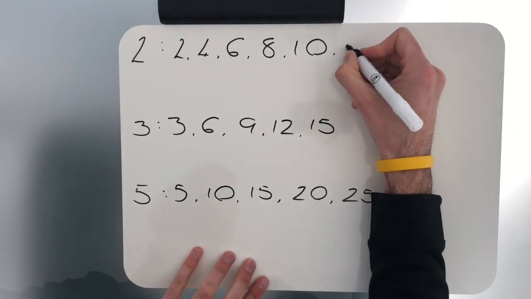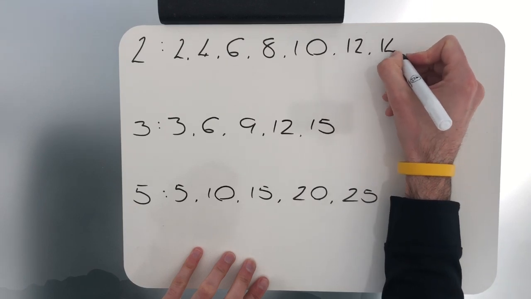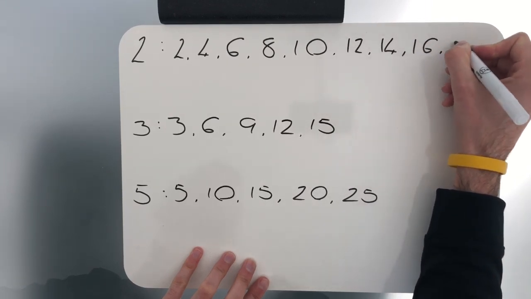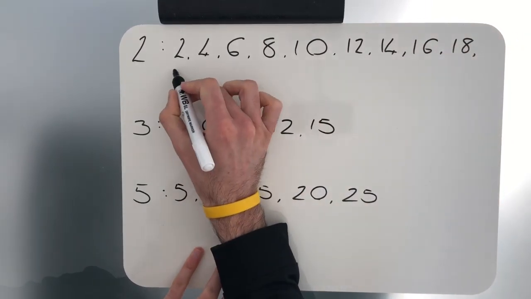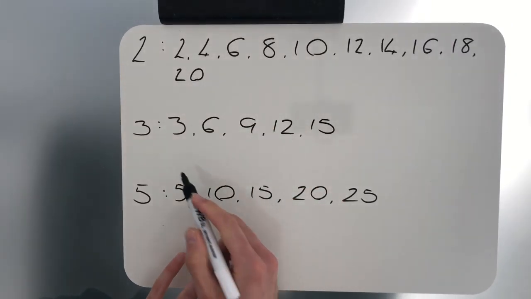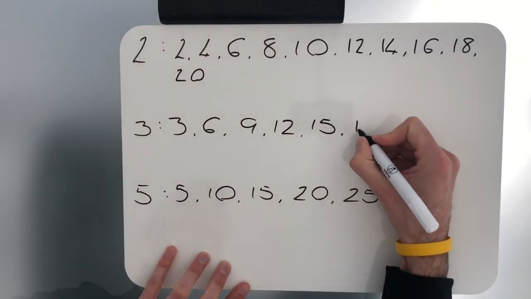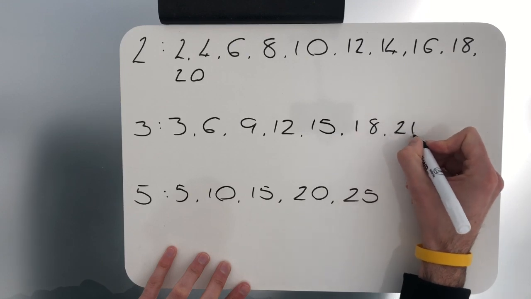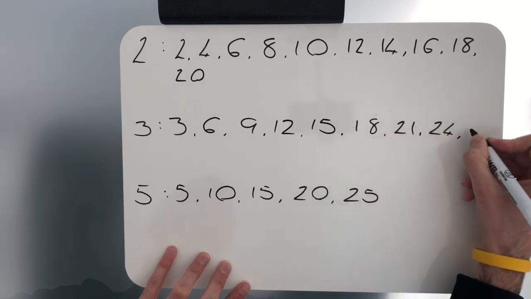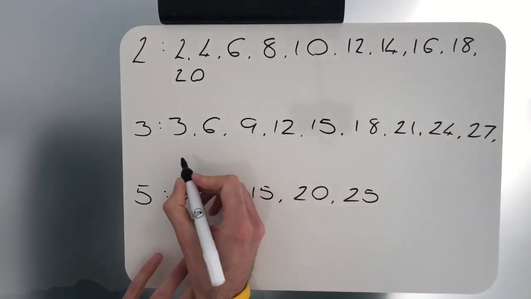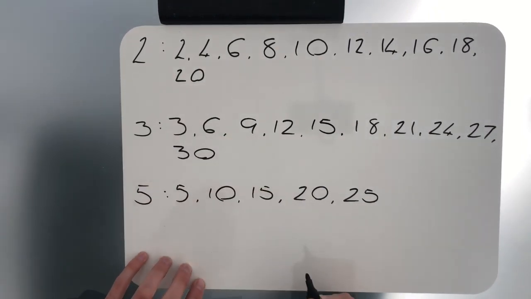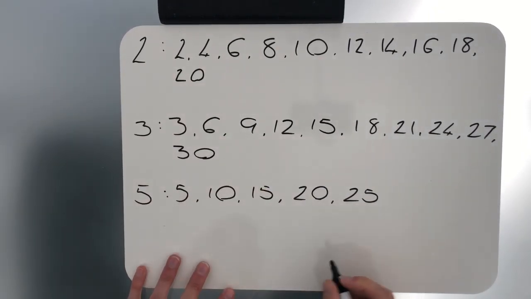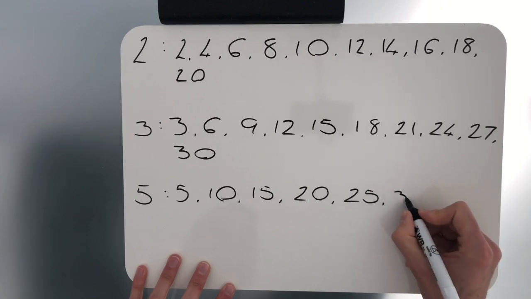So up here we go to 12, 14, 16, 18 and 20. If we continue on here, we've got 18, 21, 24, 27 and 30.